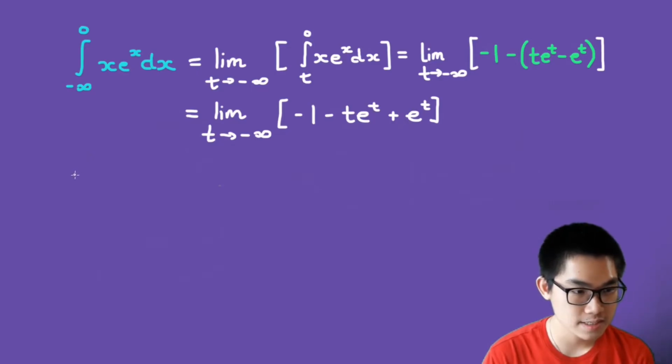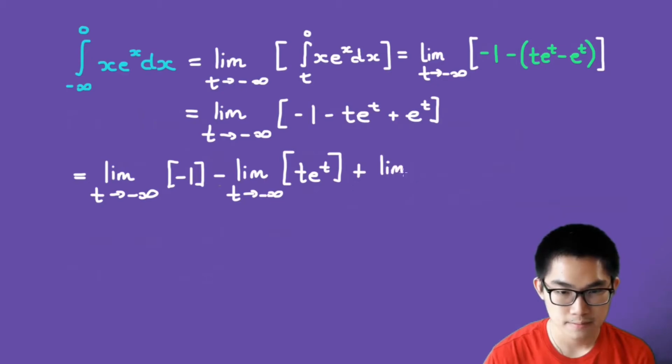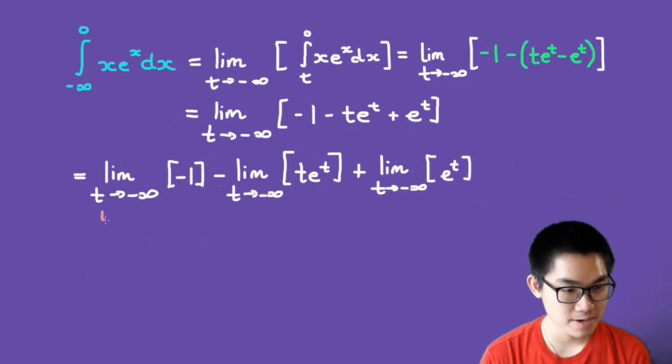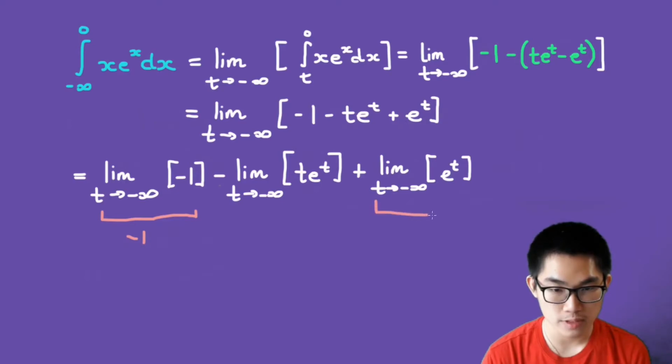So this is going to be equal to the limit as t approaches negative infinity of minus 1, minus the limit as t approaches negative infinity of t times e to the power of t, plus the limit as t approaches negative infinity of e to the power of t. We know that this limit will be negative 1 because no matter what t approaches, this will always be negative 1.